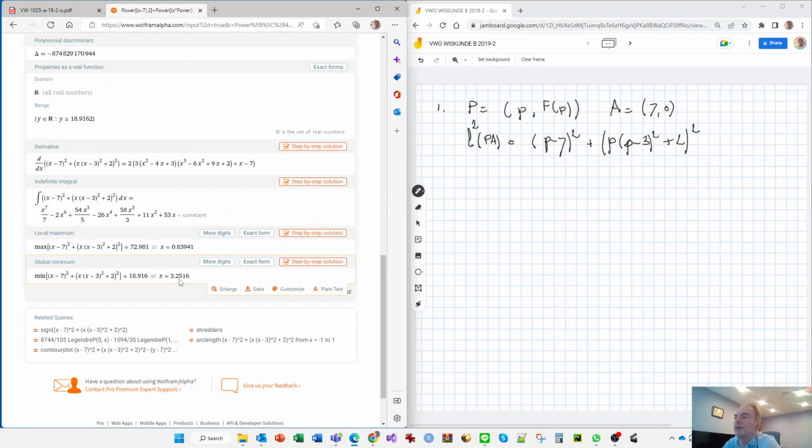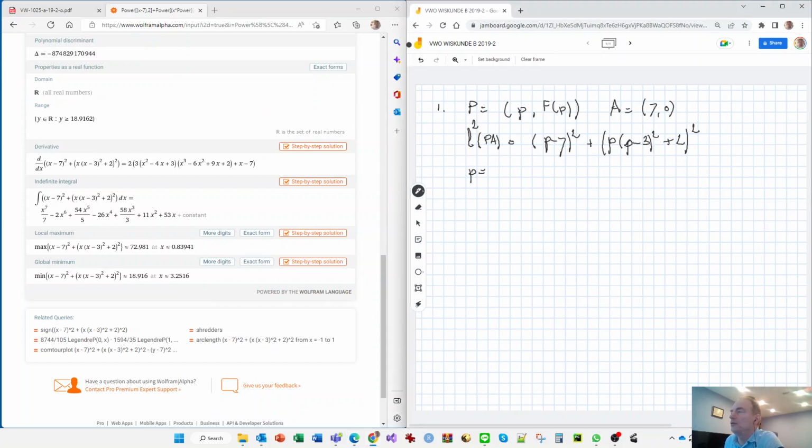And so it is at p equals 3.25, and the value is 18.916. So that will be the value of L squared actually.